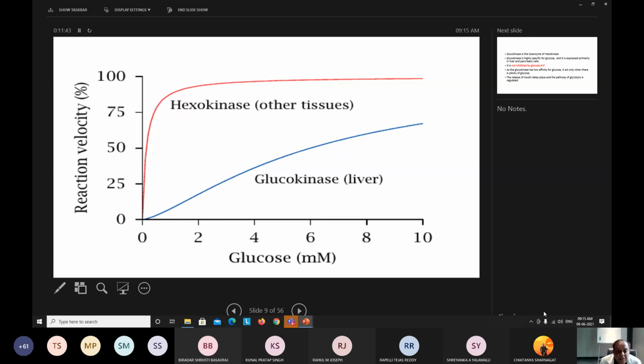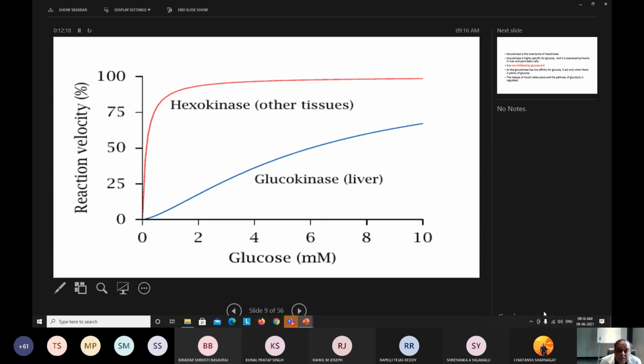The thing is that glucokinase does not have much affinity for glucose. So when there is more glucose entry and conversion to glucose 6 phosphate, only then does glucokinase act. Even if a lesser amount of glucose enters the pathway, hexokinase comes into the picture.